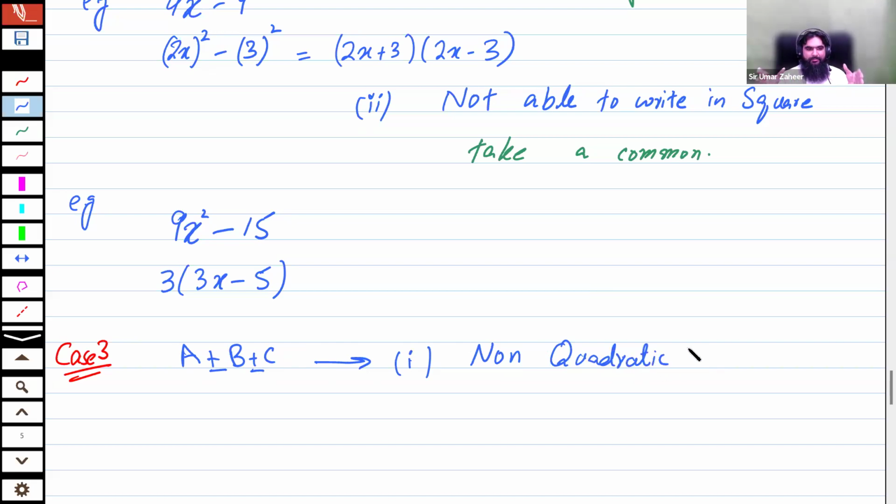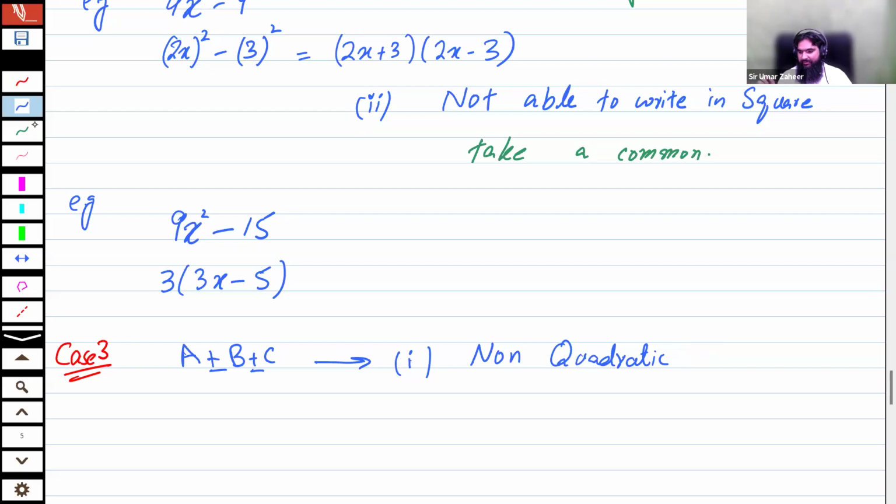Non-quadratic means the maximum power of a variable is not 2. It can be power 3, power 4, power 1 or anything. Such type of equations are known as non-quadratic.